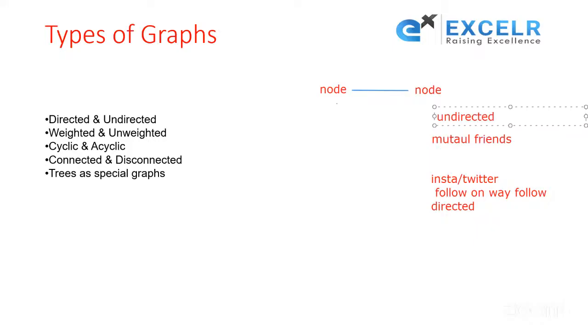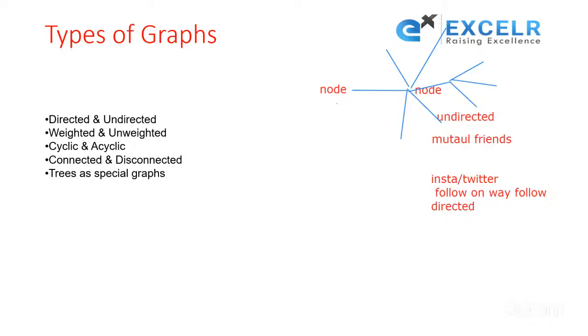For example, in the case of Facebook, you are getting friend suggestions. Technically, it is checking the graph traversal. It is checking what nodes your friend is connected to. Suppose your friend is connected to so many nodes, and this friend is connected to this, then this.